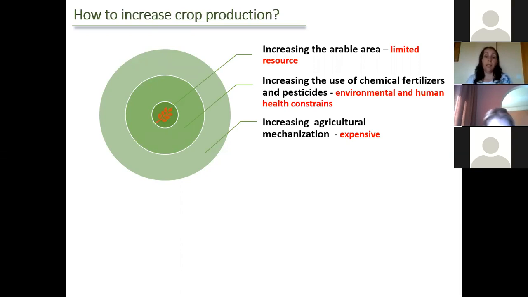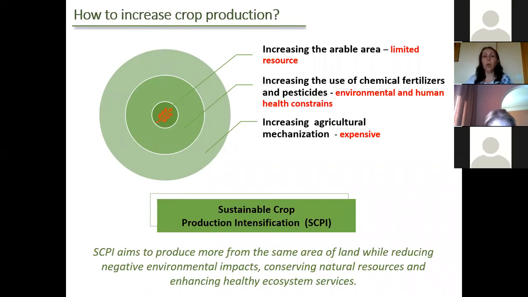So in the last years, a new concept emerged related with sustainable crop production intensification. This aims to produce more from the same piece of land, while we are also reducing the impacts on the environment, trying to preserve the natural resources and at the same time enhance the healthy ecosystem services.